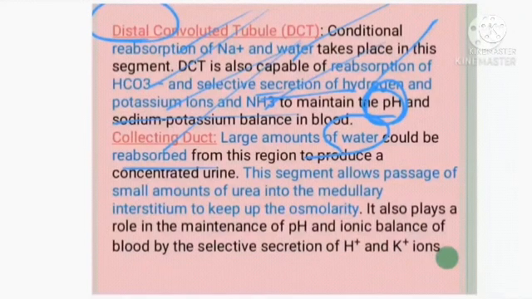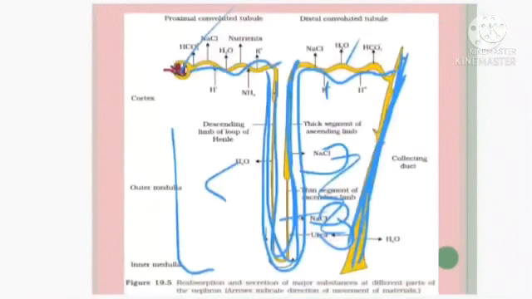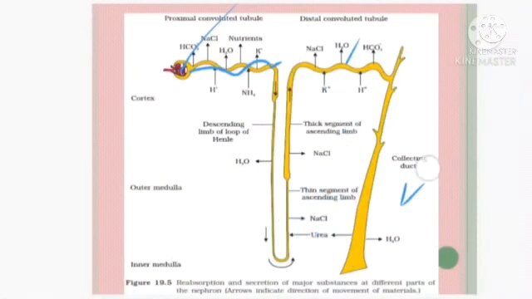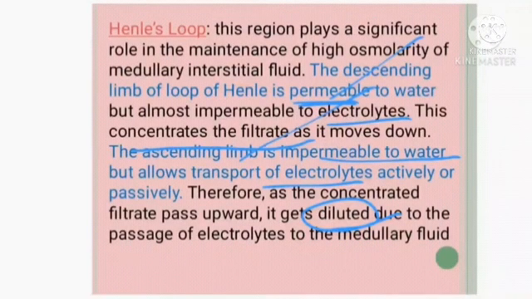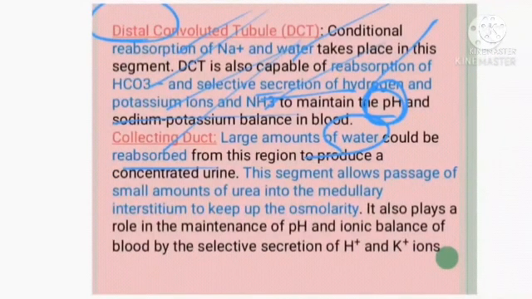Because here the medullary fluid is present. The fluid which is present in the kidney medulla helps in reabsorbing the water. Water is getting reabsorbed, so the urine is becoming much more concentrated.